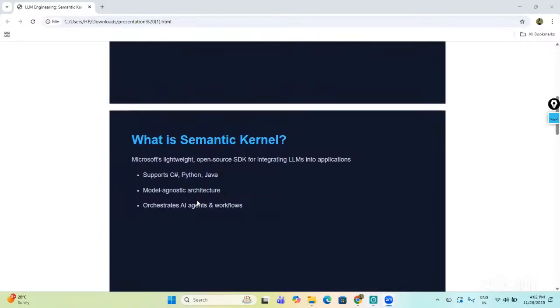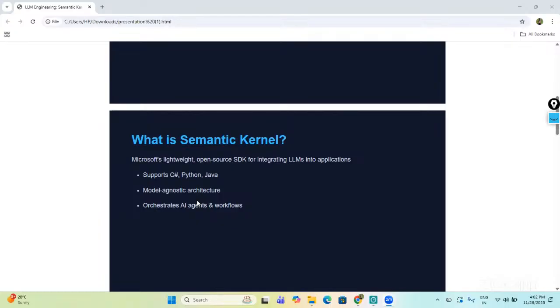So let's discuss what is Semantic Kernel. Semantic Kernel is Microsoft's lightweight open source SDK designed to integrate large language models directly into applications. What really makes it powerful is that it supports multiple languages including C#, Python, and Java, and it is model agnostic.